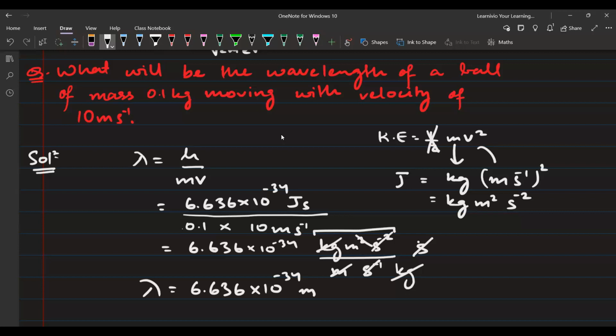Raise your hand once you're done. आराम से समझ लीजिएगा what we have done with the units and everything.